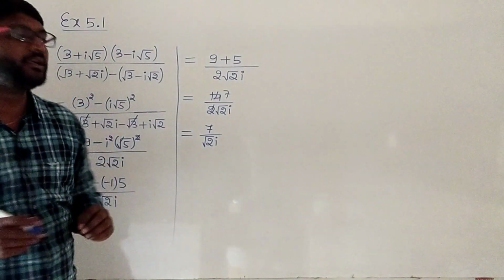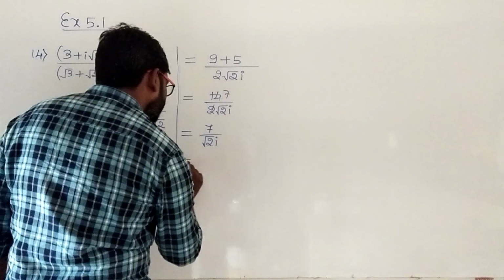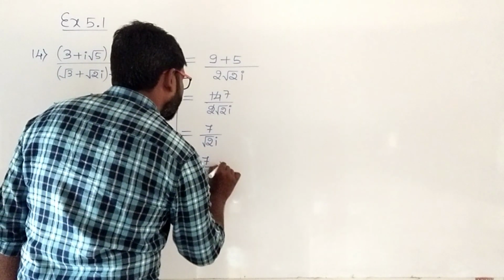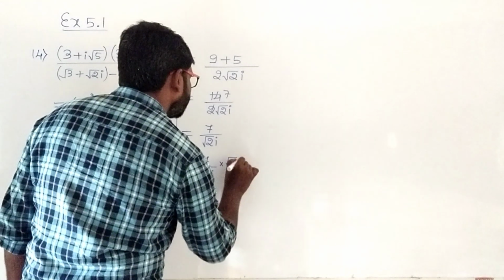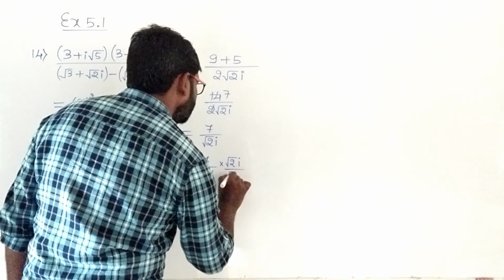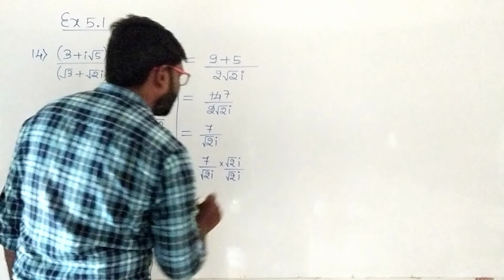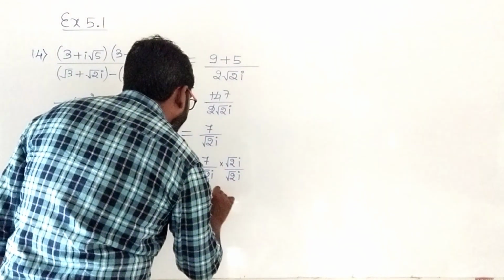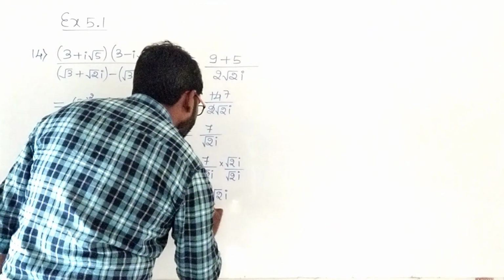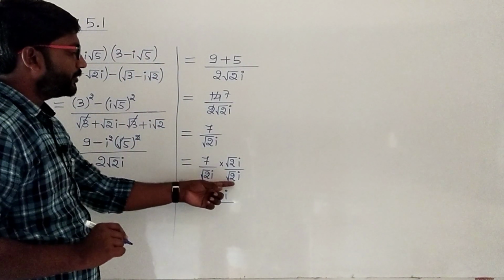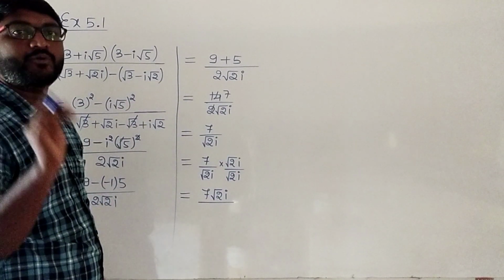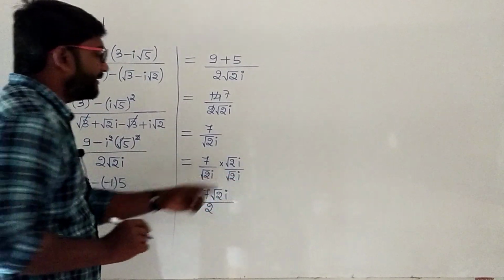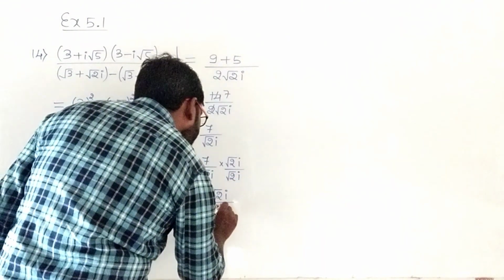So I multiply and divide by root 2i. 7 by root 2i, then multiply and divide by root 2i. Then 7 into root 2i will be the numerator, divided by root 2 into root 2 will be root 4. What is root 4? It is 2. Then i into i will be i square.